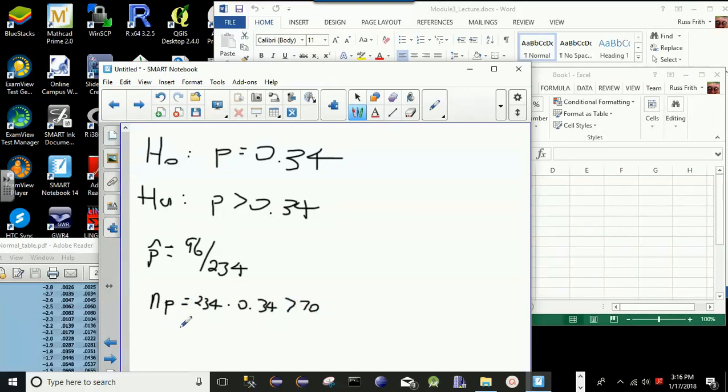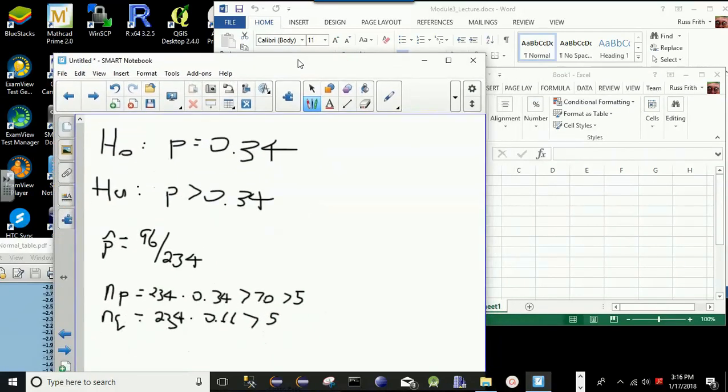So NP is bigger than 5, and then NQ is equal to 234 times 0.66, and so that's going to be bigger than 5 as well. So I'll go for the z statistic.